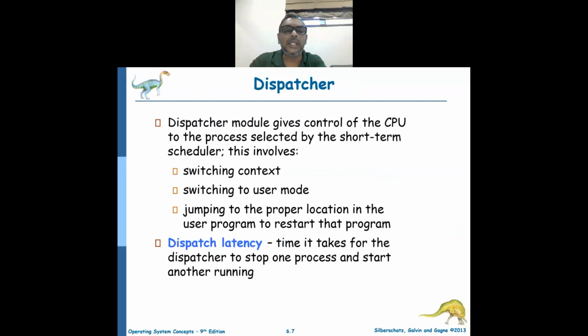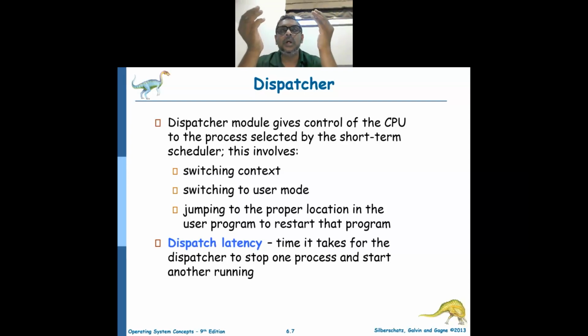So what is a dispatcher? A dispatcher is a different type of software under the operating system. The dispatcher gives control, meaning it brings the processes from the memory back to the CPU. It's almost the same as the short-term scheduler as well. Then we have the term dispatch latency: the time it takes for the dispatcher to stop one process and start another one.